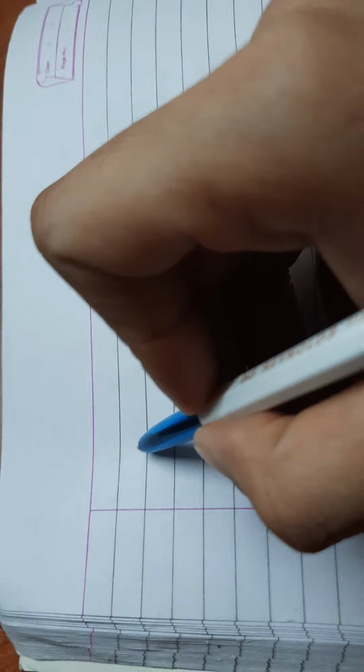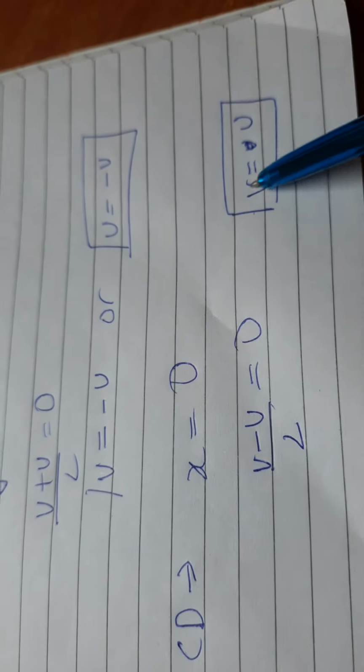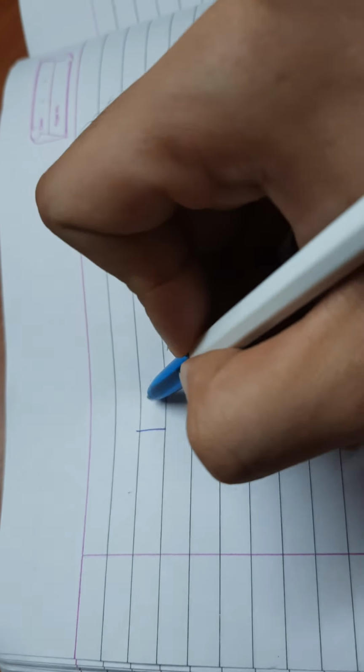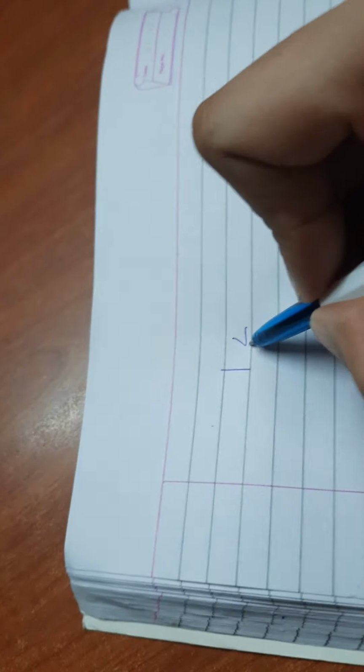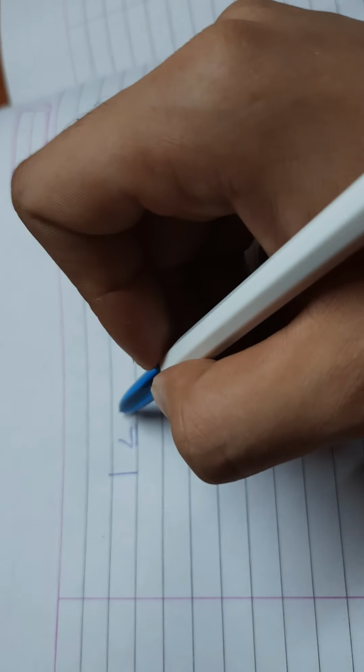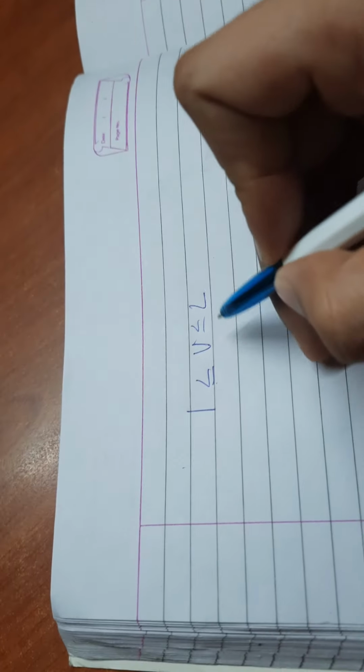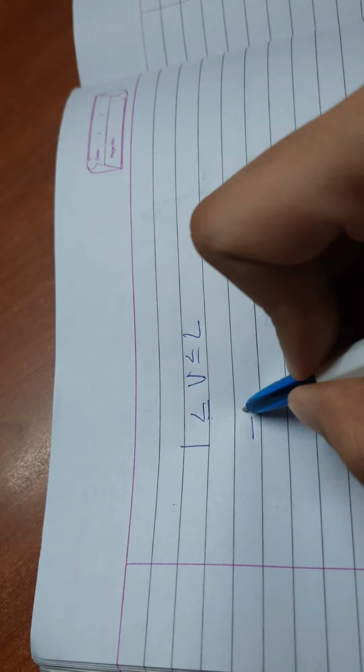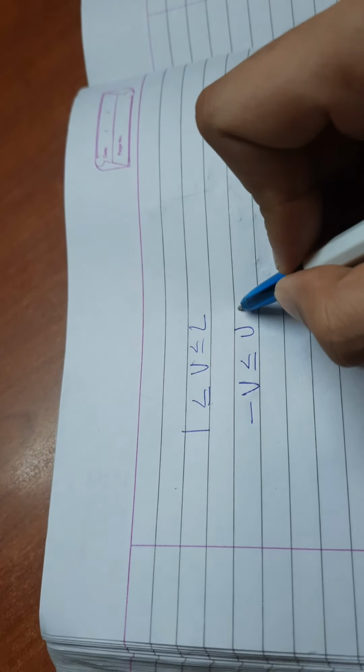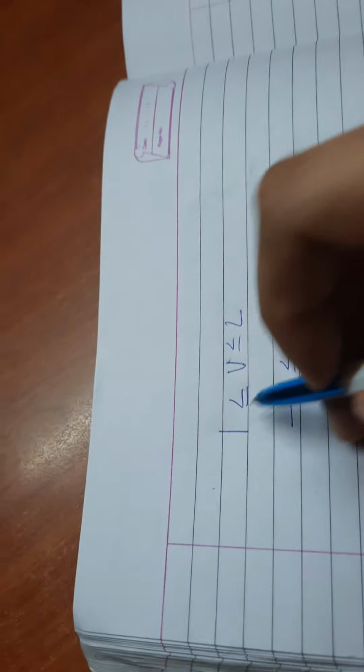So now we have got the limits of u also. First we got the limits 1 less than or equal to v less than or equal to 2, and minus v less than or equal to u less than or equal to v.